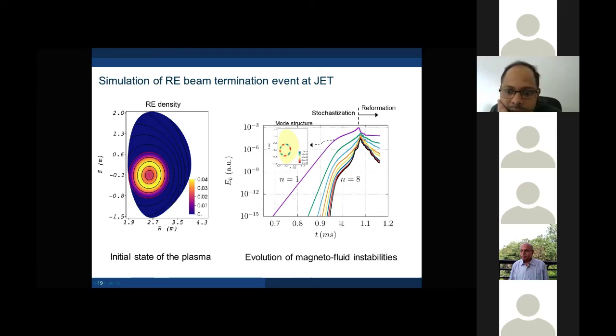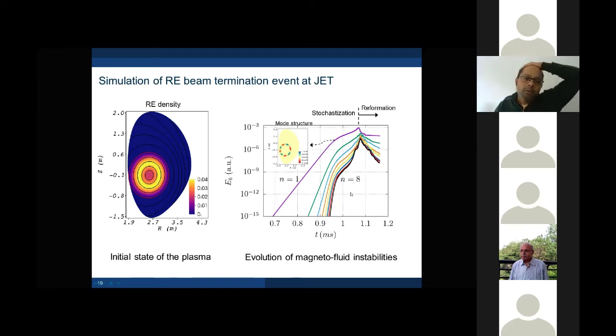So here with time, I show poloidal magnetic energy perturbations of different modes. We see clearly that the n=1 mode is the most dominant and unstable. This grows, and over time there is nonlinear activity and other modes grow, and this leads eventually to nonlinear interaction of the modes and stochastization of the plasma.